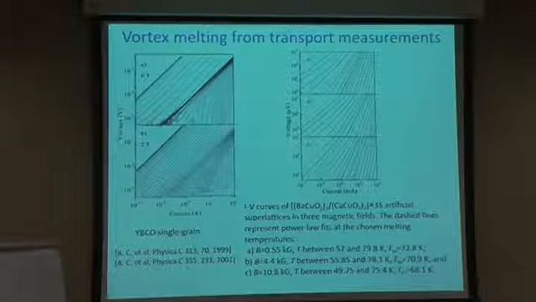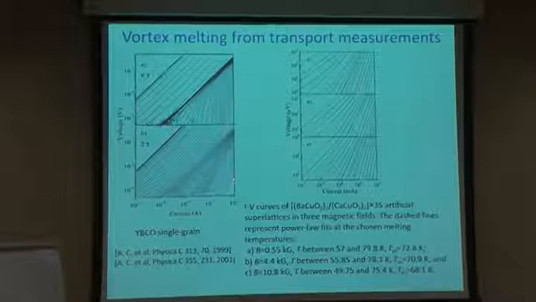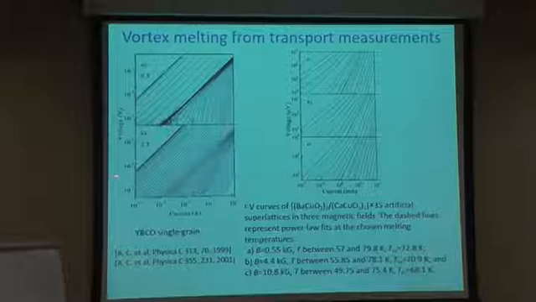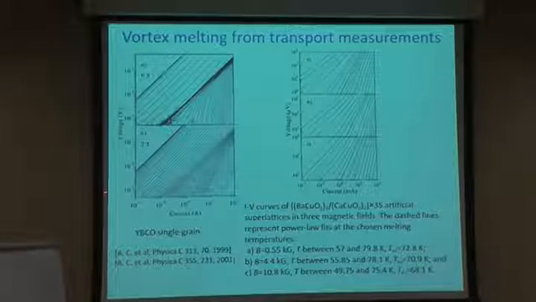So this is the normal scale IV curve, and if you look at the log-log plot, we start here from low temperatures, here are high temperatures. The difference between each curve in terms of increasing temperature is the same.